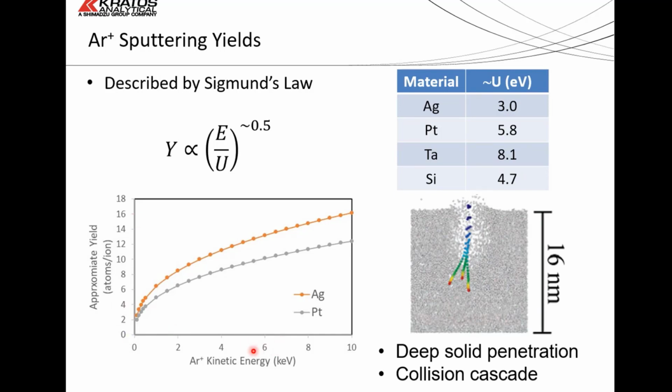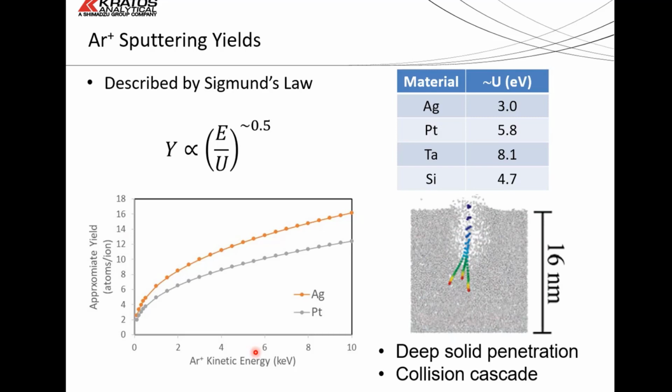You can see that as the kinetic energy goes up, the sputtering yield goes up, but eventually that increase tails off as it scales with the square root of the kinetic energy. In addition, an element like platinum with a higher surface binding energy is more difficult to sputter than something like silver.